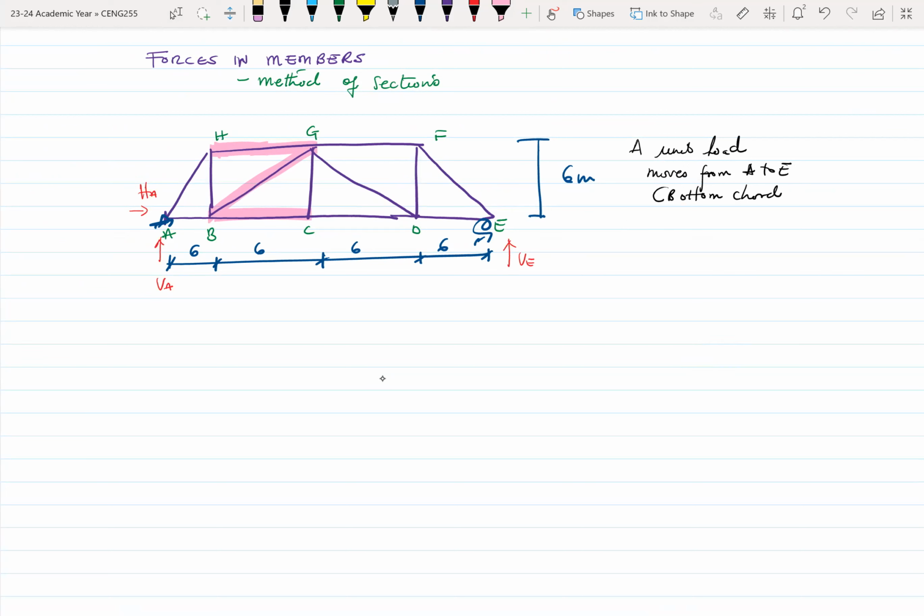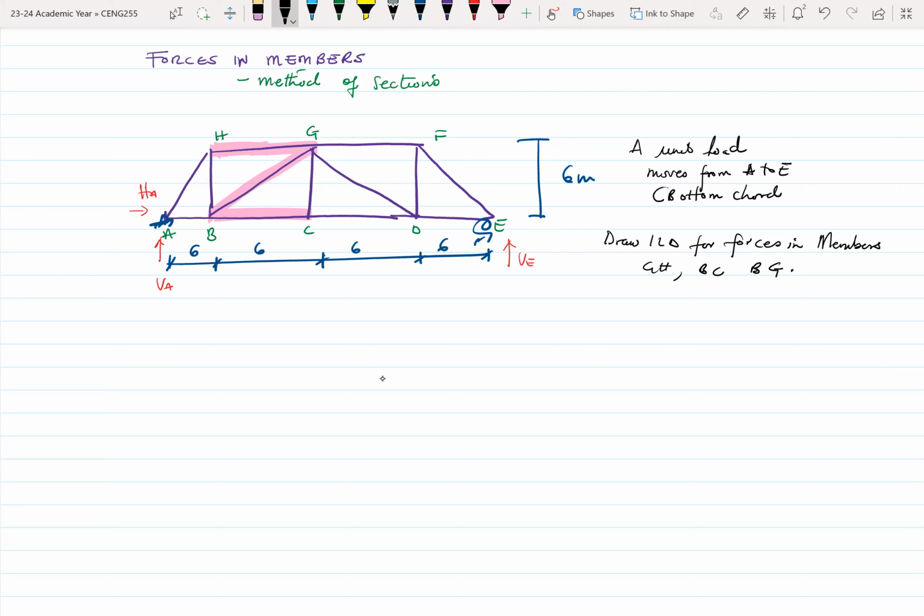Oh, sorry, more or less draw the forces in members. We have GH, we have BC, and then we have BG.